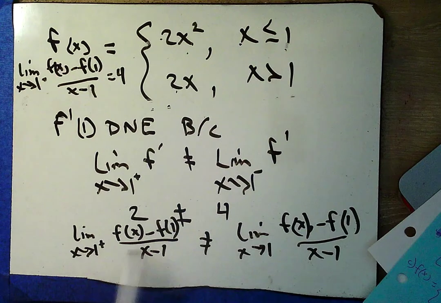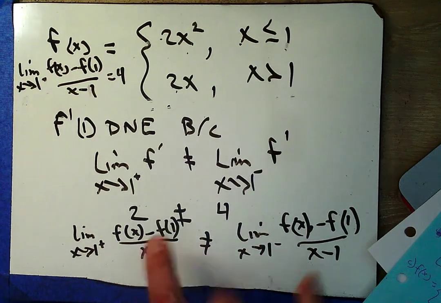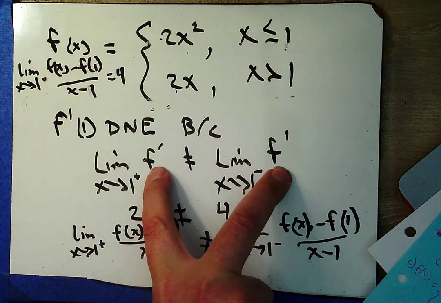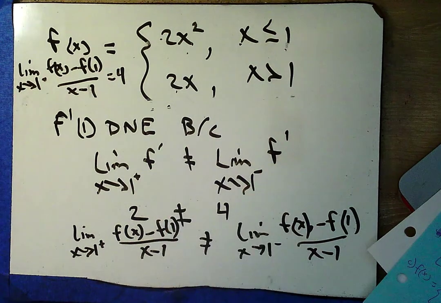Instead of writing all this, we can simply say this. Okay? The limit of the slopes is not the same from both sides of x equals 1.